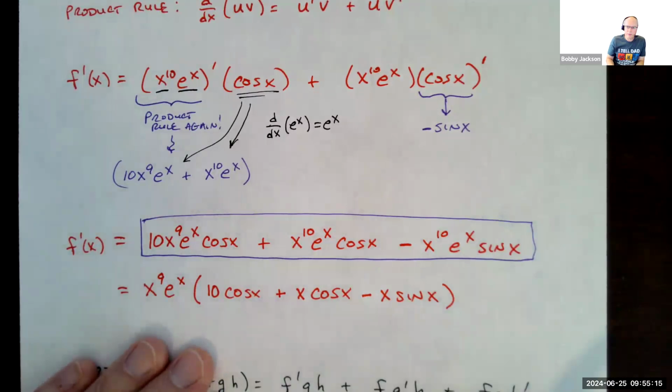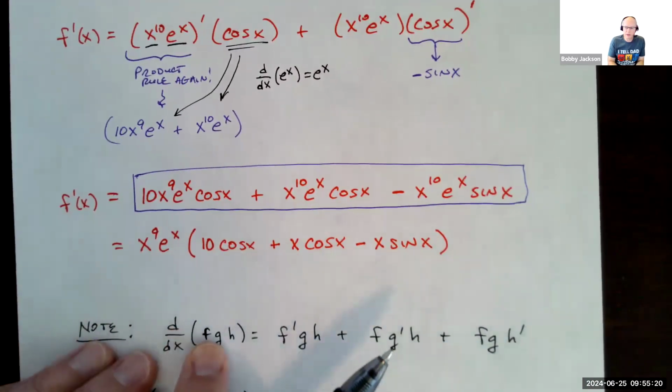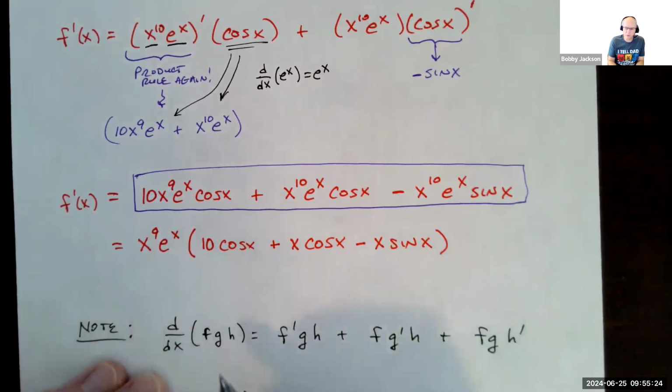Now, some of you might remember in the lecture, I talked about finding the derivative of a product of 3 or more functions. How's that look? Well, here's the product rule for 3 or more functions. We prove this. Essentially you have, like I showed up here, a product rule within product rule in this case. But if you do it all the way out, here's what happens.